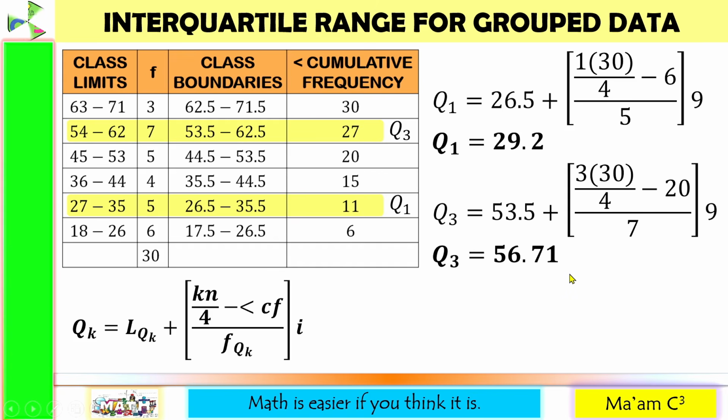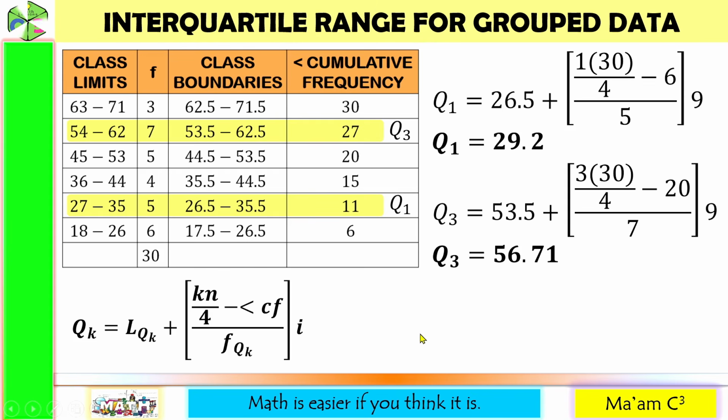Let us interpret this. Since this is the third quartile, it means 75% of people who visited the drugstore are less than or equal to 56.71 years old.